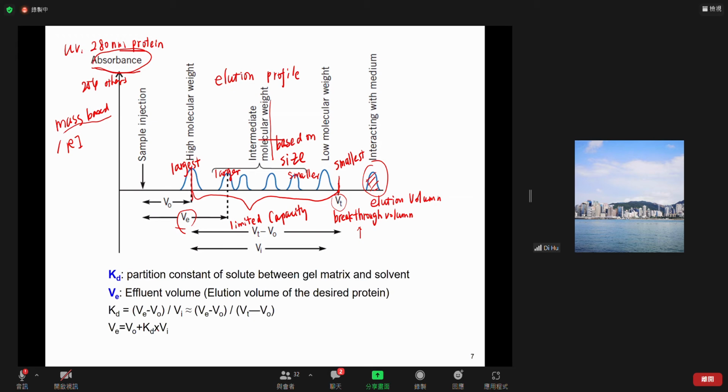That's why the partition constant can be written as VE minus V0, divided by VT minus V0, which is VI. So we can derive the elution volume from the relationship between the partition constant and the elution volume.